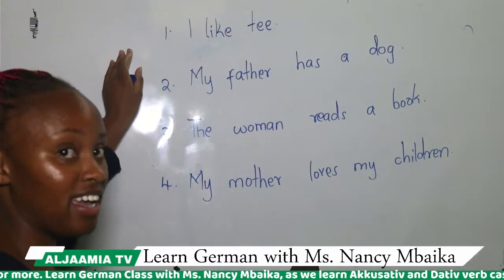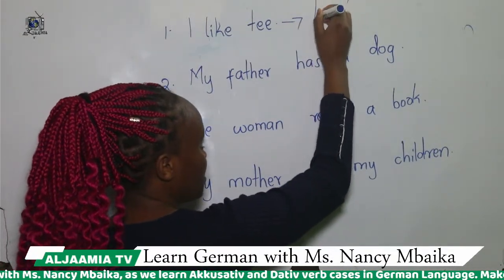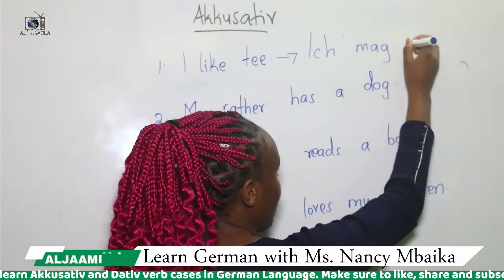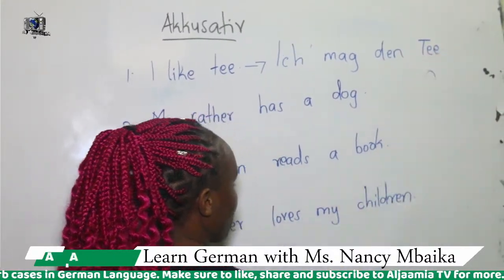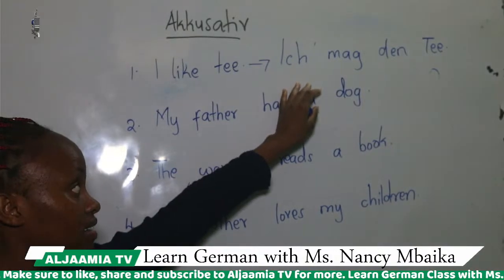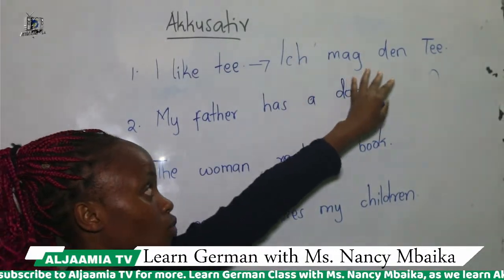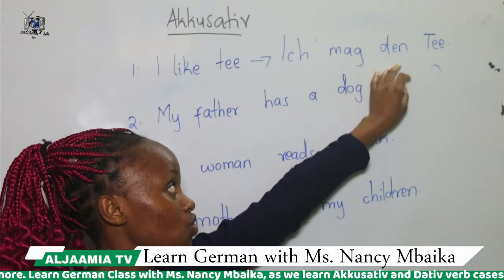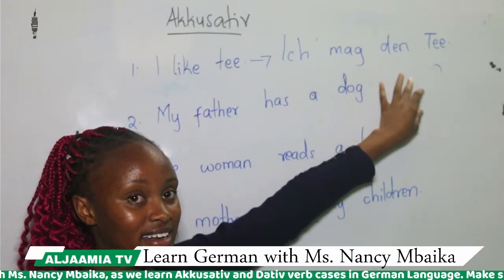So I like tea. I'm going to say in German, ich mag den Tee. Ich mag den Tee because the article for tea is der Tee. But because what I like is the tea, and the tea becomes our object, the article der is going to change to den. Ich mag den Tee.